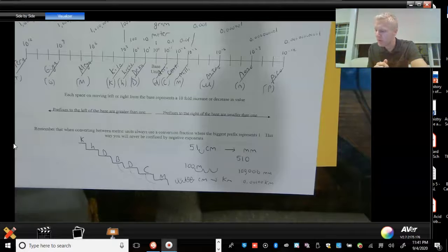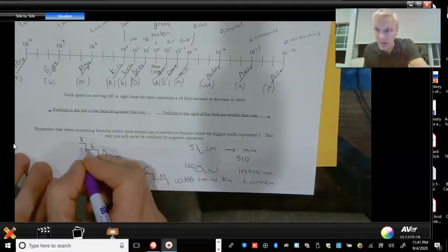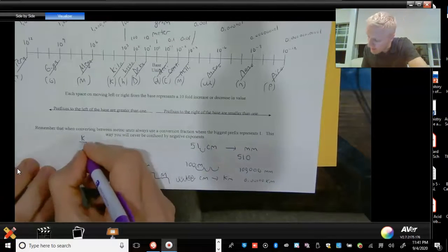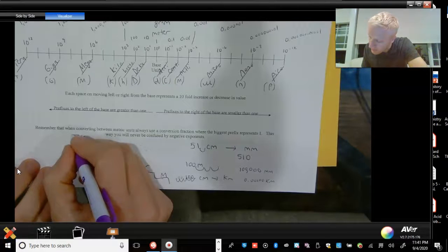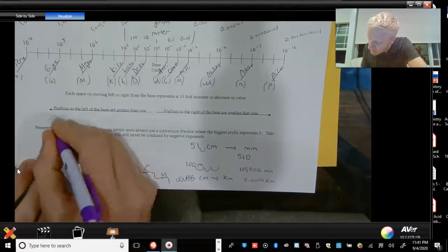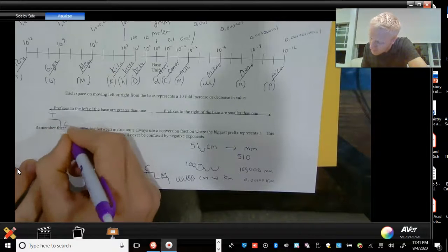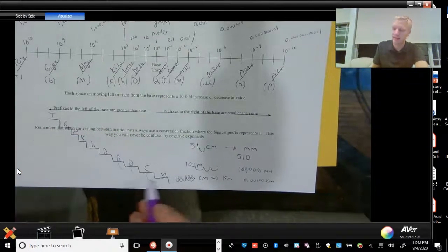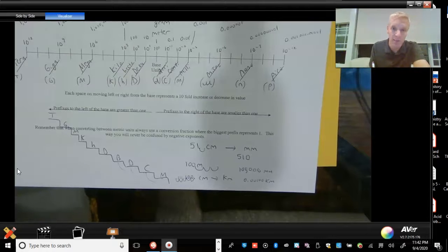Well, why don't we do those challenge ones? All right, so the challenge ones, we're going to add some more steps. The great mighty tera giga mega kilo hecto deca base deci centi milli micro nano pico.